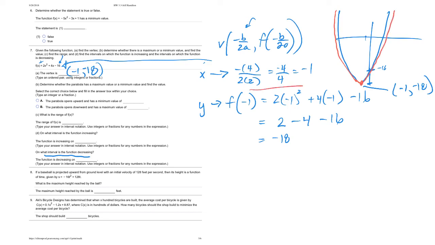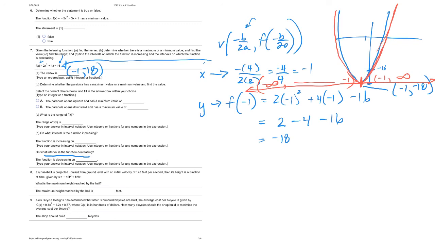So if I'm looking at x values, left and right, as I'm coming in from negative infinity, I go all the way to negative 1 for my x value, and during that interval, the graph is decreasing. And then from negative 1 all the way up to positive infinity, the graph is going up. All right, hopefully that'll help you with those.